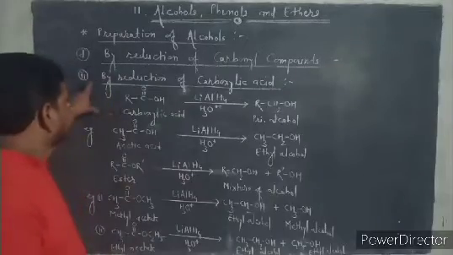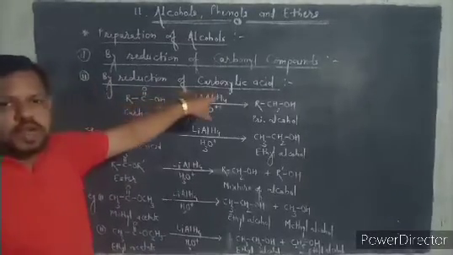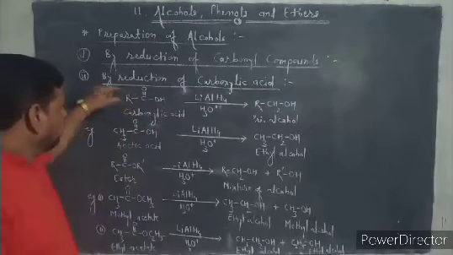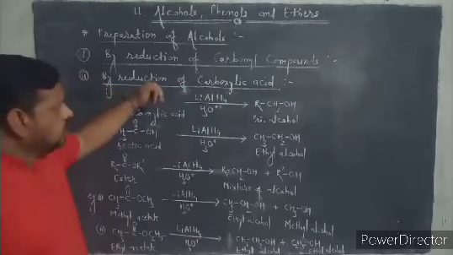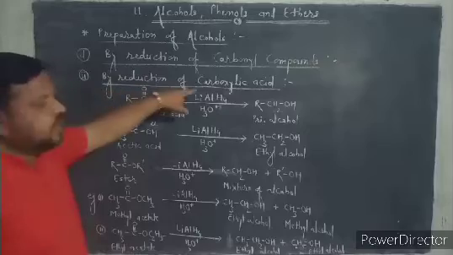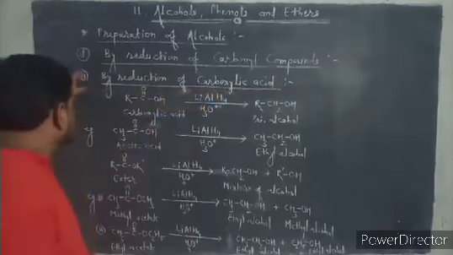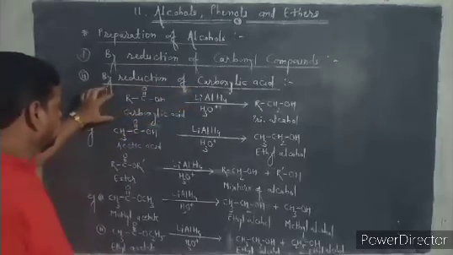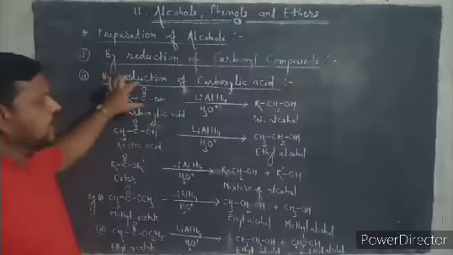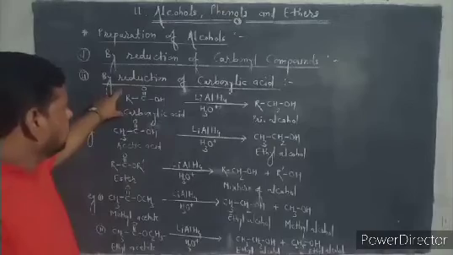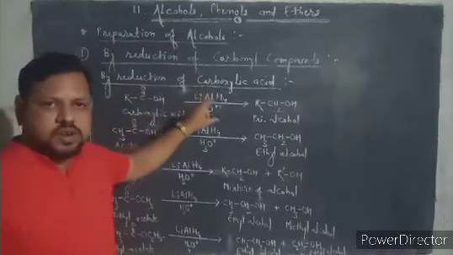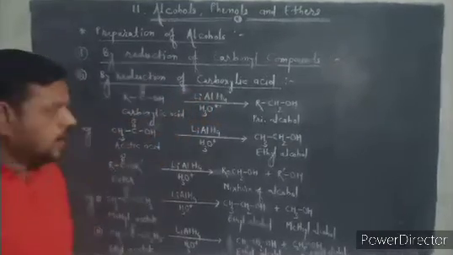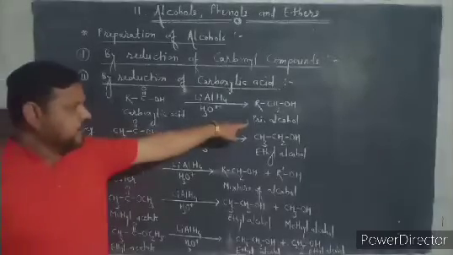Then second, reduction of carboxylic acid. We have seen before the aldehydes and ketones, and then we discuss the reduction of carboxylic acid. See here, carboxylic acid on reduction with a strong reducing agent like lithium aluminium hydride gives the primary alcohol.